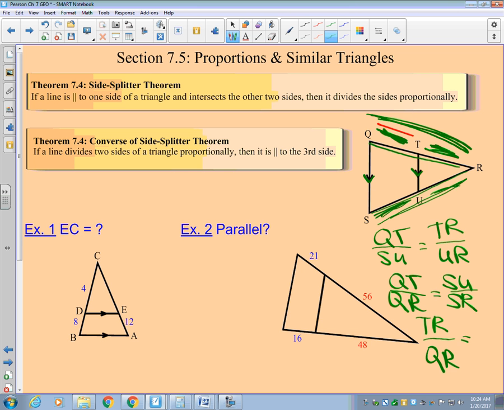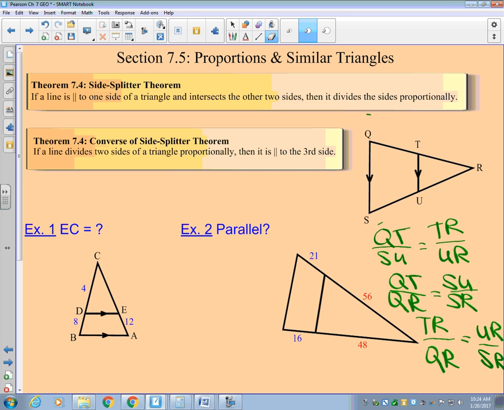It's going to be proportional to its matching buddy UR over the entire side SR. And I don't think you'll need any other proportions out of that than those ones.